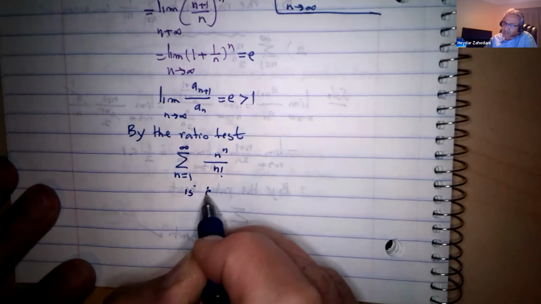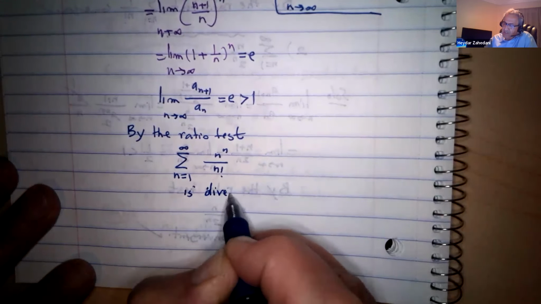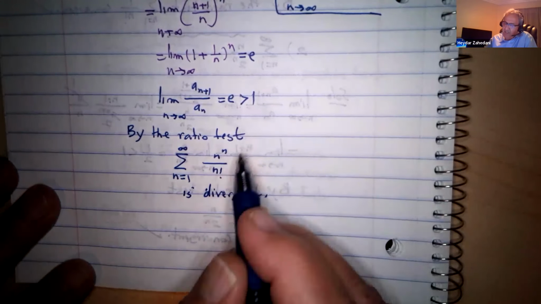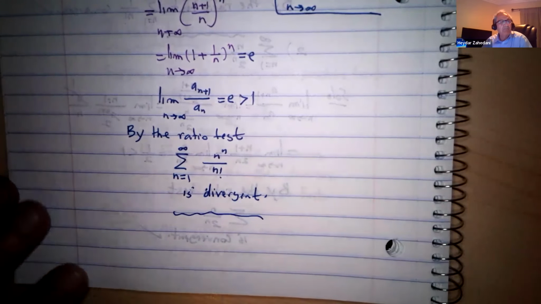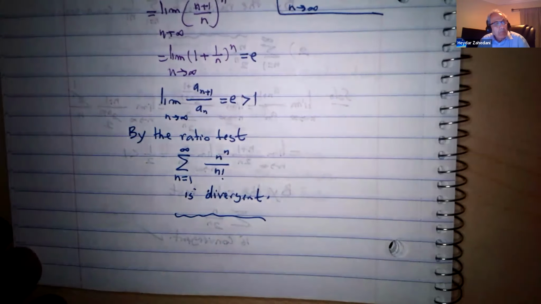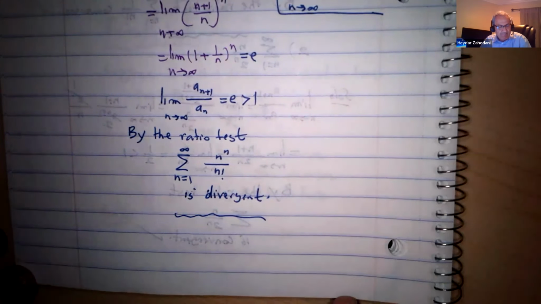Sorry, is divergent, because that ratio is greater than 1. If the ratio is less than 1, in that case, your series is going to be convergent. So this is how you use the ratio test.